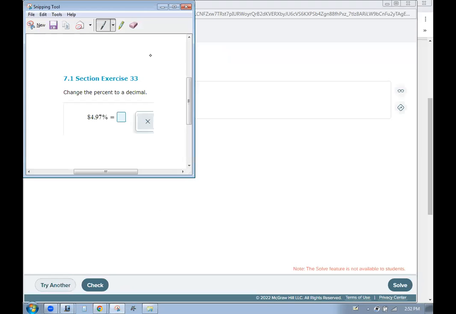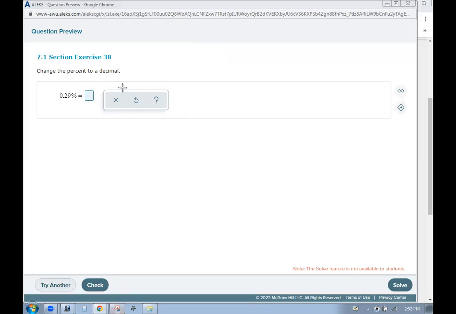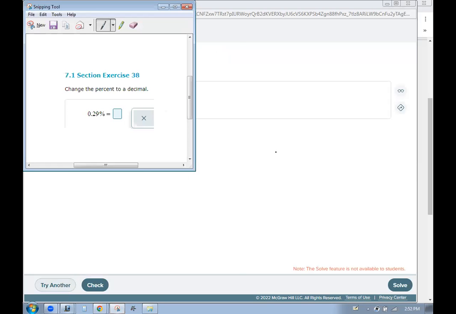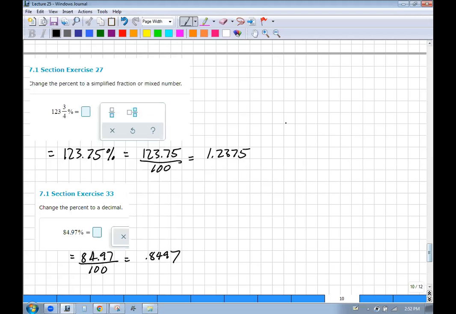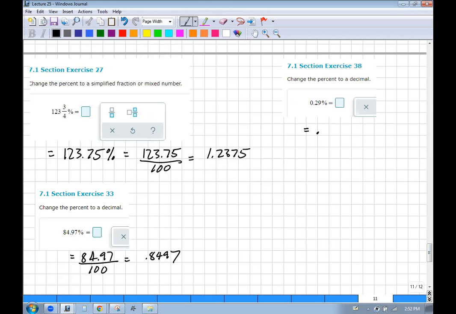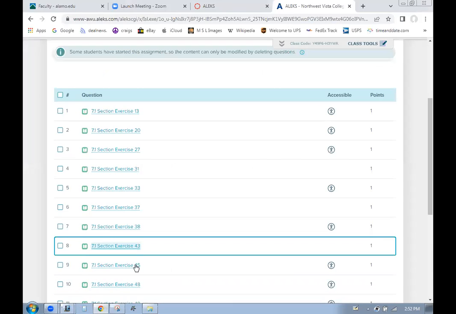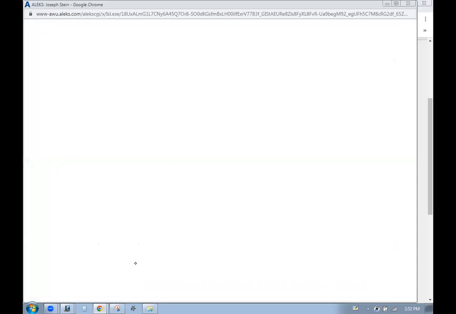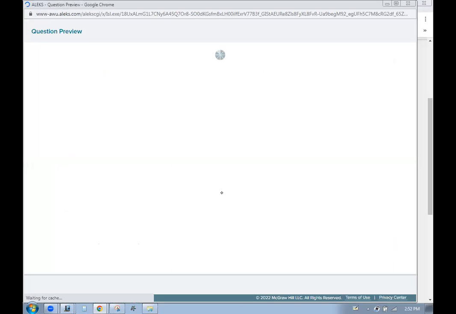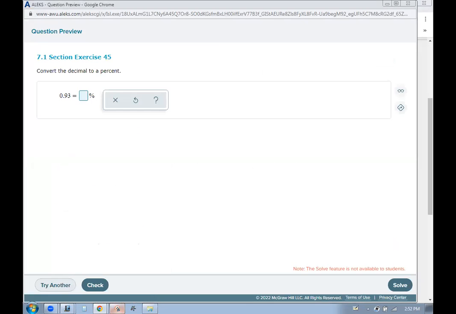Oh, another one. So we could put that over here. We have 0.29%. Move the decimal to the left twice. Let's look at 45. Same thing.